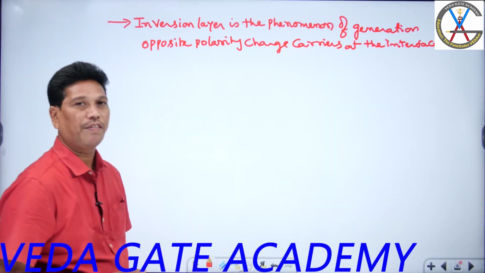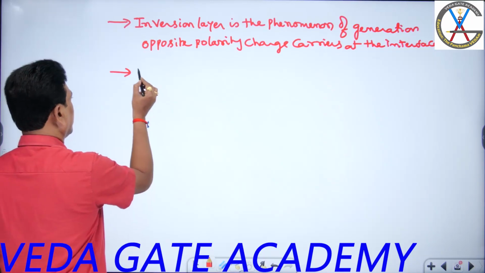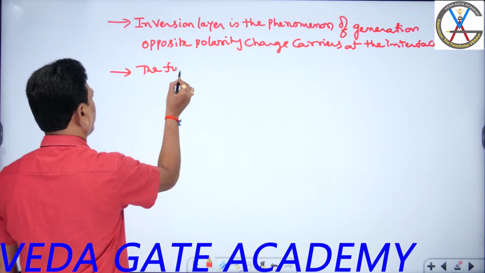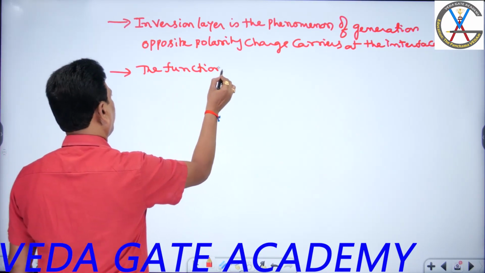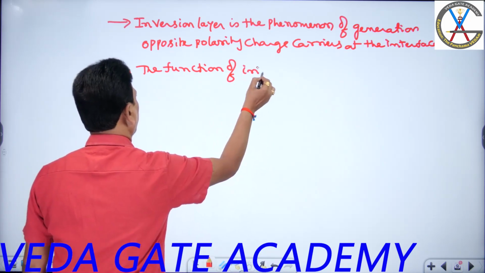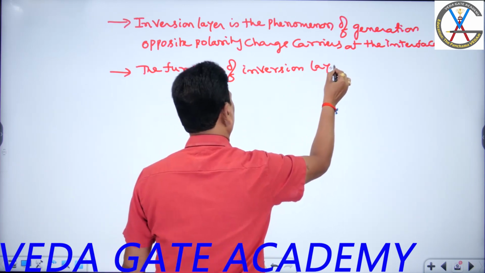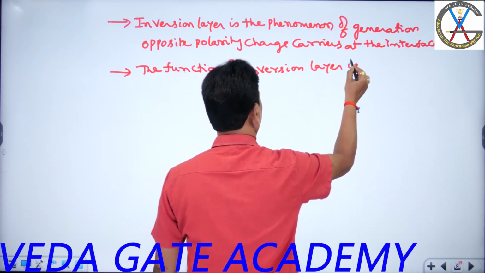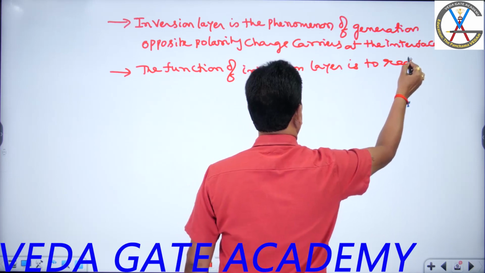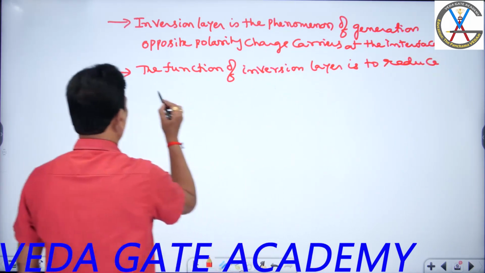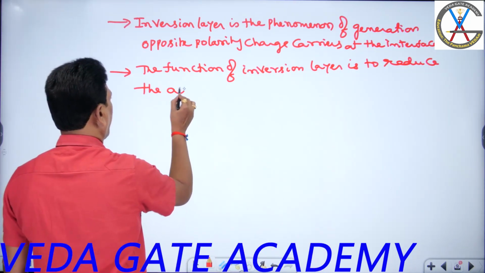Sir, what is the function of the inversion layer, you know? The function of the inversion layer is to reduce the added barrier effect.